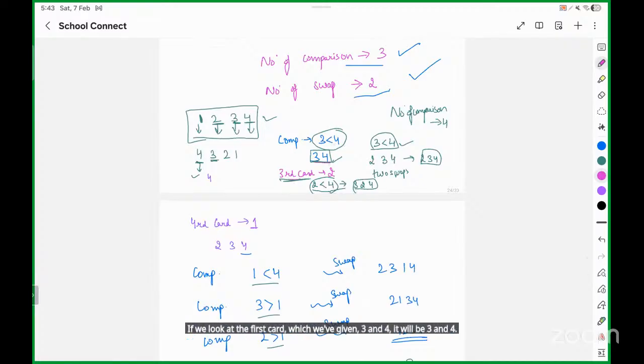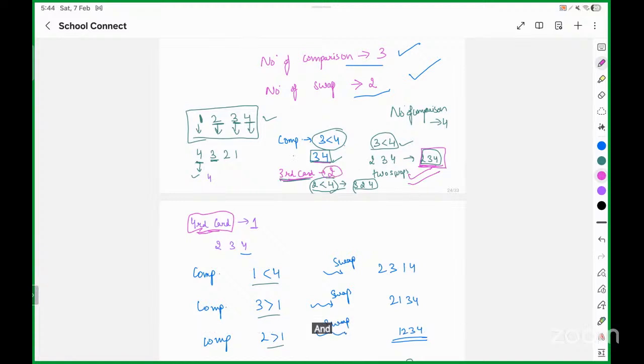If we give the third card, it will be 2, 3, 4. And before giving the fourth card, the array 2, 3, 4 itself is sorted because it's in increasing order. Before giving card 2, it was still sorted as 3 and 4. So before giving the next new card, the array was still sorted.